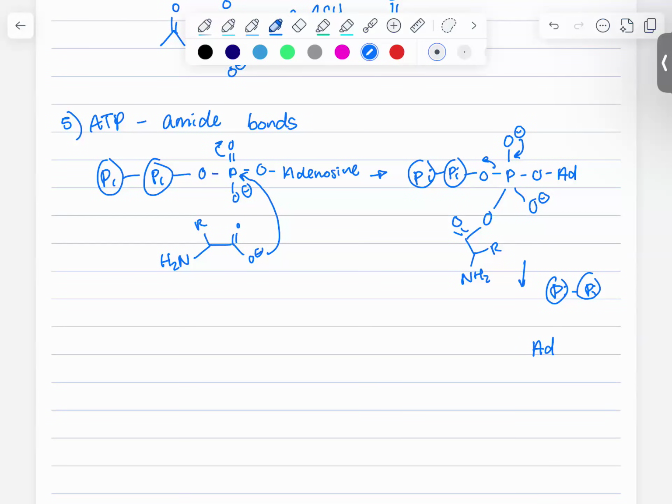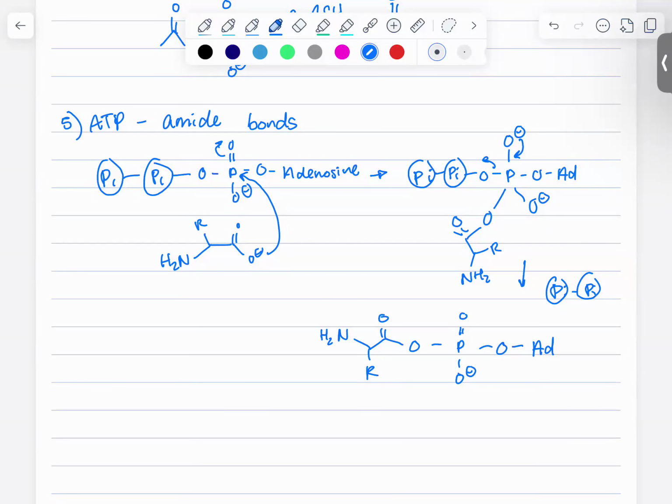We've now kicked off two of our phosphates. This is AMP, which is adenosine monophosphate. And we basically have our amino acid kind of loaded onto AMP.